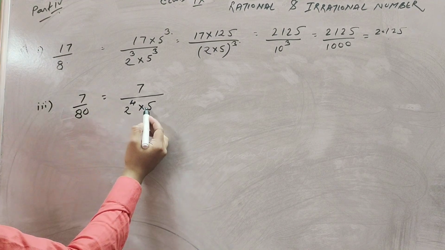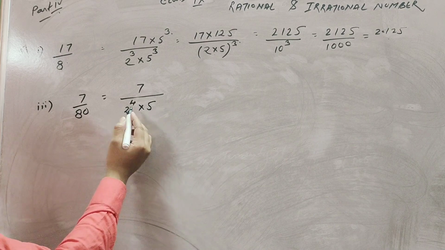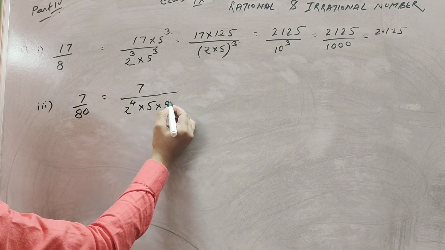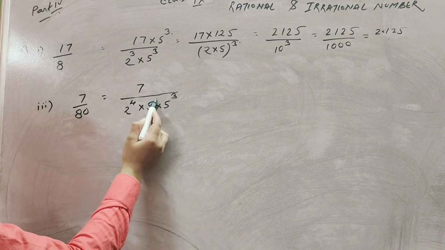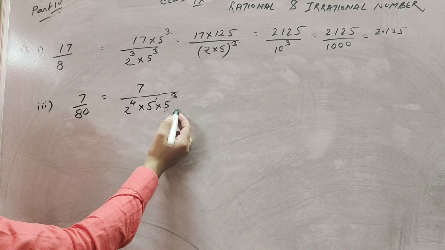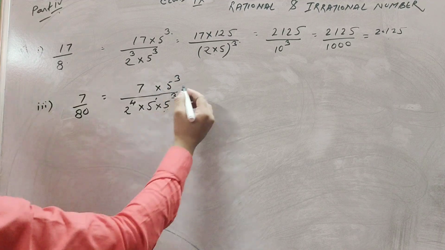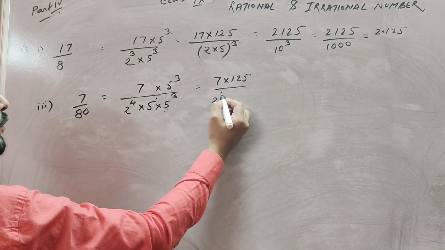So we already have 2 factors and 5 factors, but the power is not the same. For the power to be the same, we add 3 more, because there is a 4 power and there is only 1 power, so we multiply the denominator by an extra 5 cube, so the numerator is also multiplied by 5 cube.